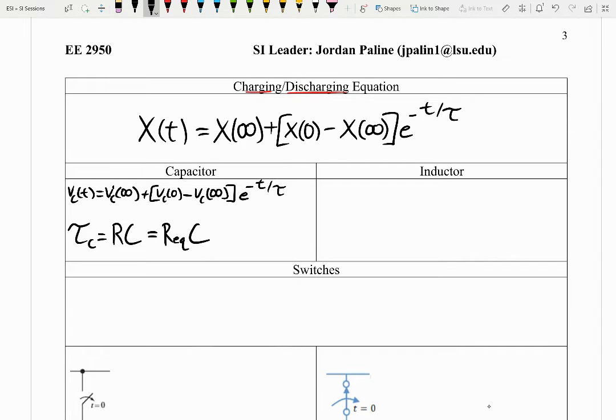Okay. Now let's look at the inductor side.